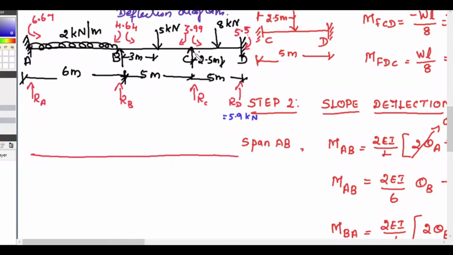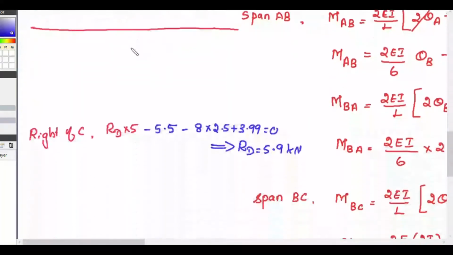Plus RC into 5, minus 5 into 3, plus 4.64. We have to consider this. Plus 4.64 equal to 0. We get RC equal to 3.37 kilonewton.